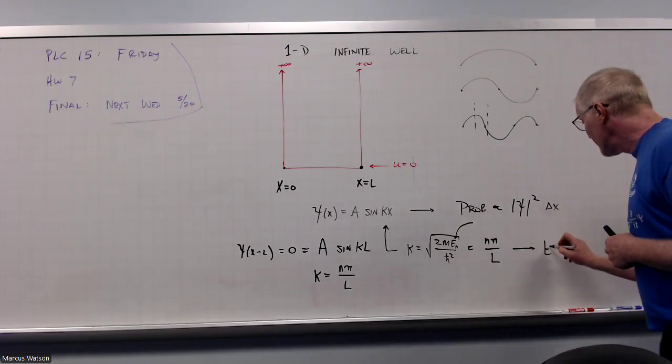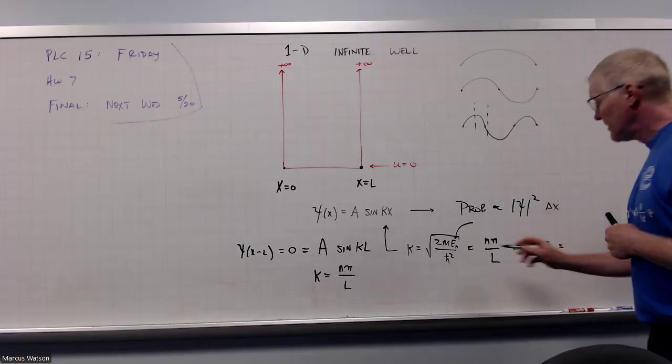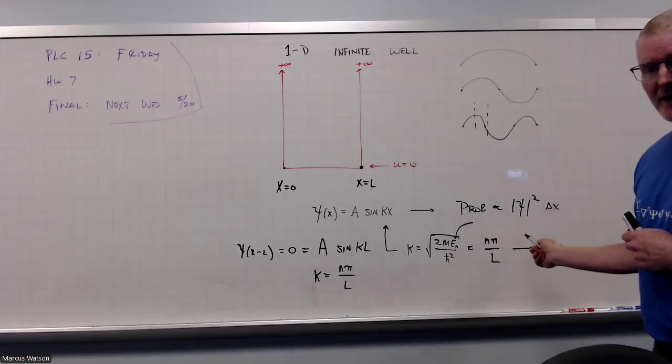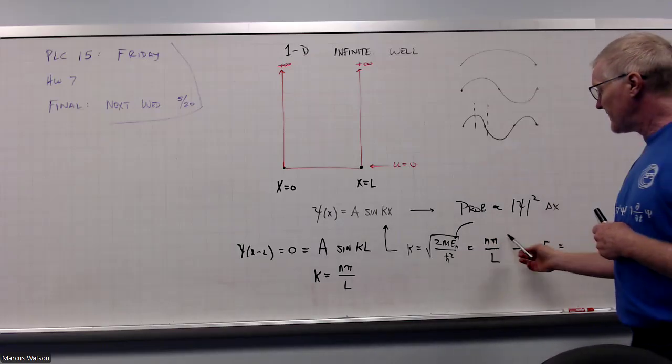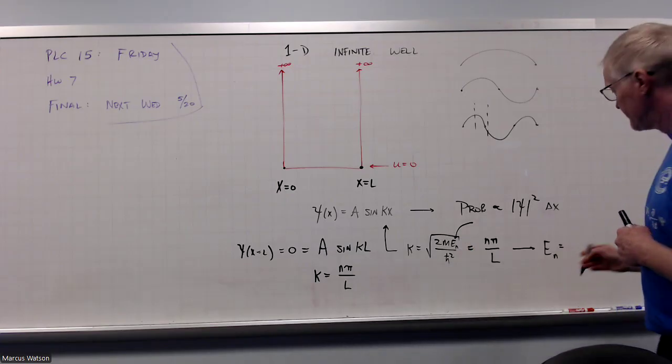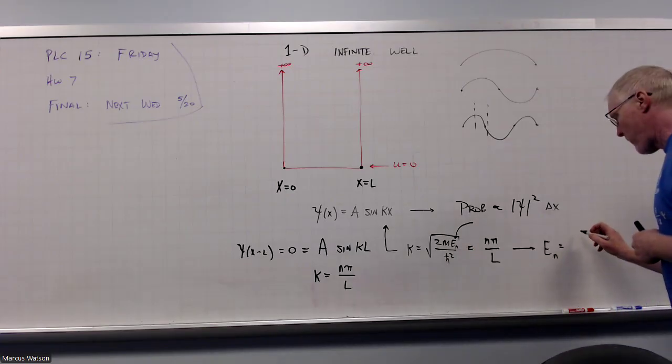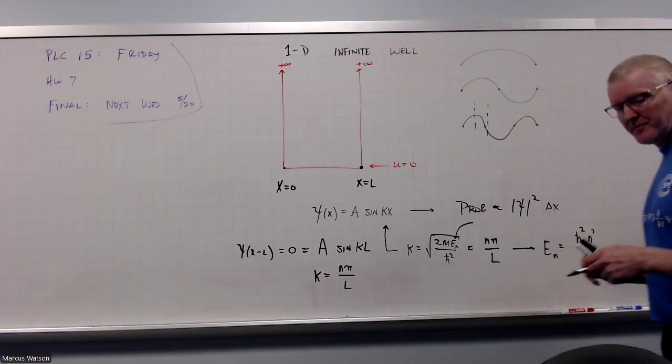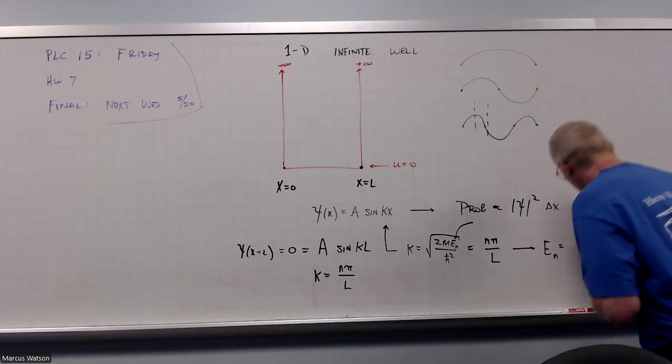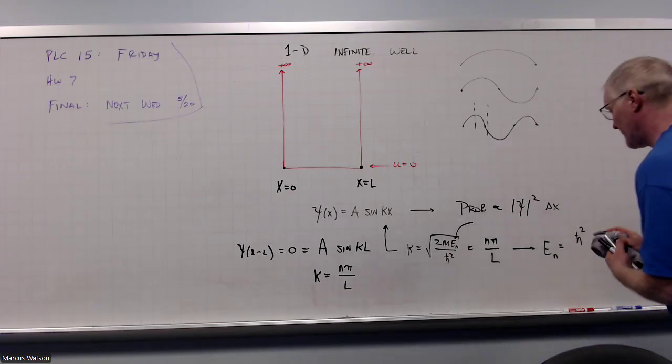And you can see here that if I solve for that, I'm going to have to square everything here, and then I'm going to move the h bar squared and the 2m over. So it's going to look like h bar squared, well, let me put the n squared out here so that it's not so close in.